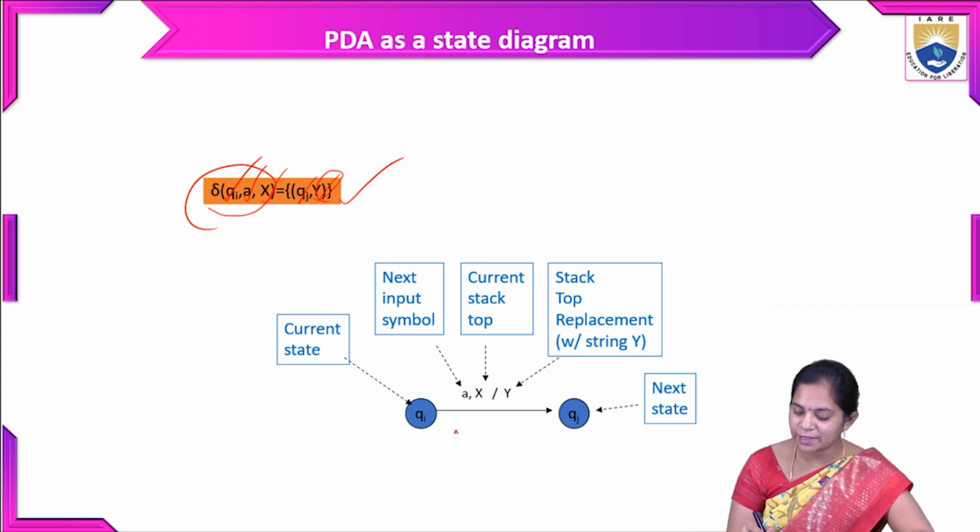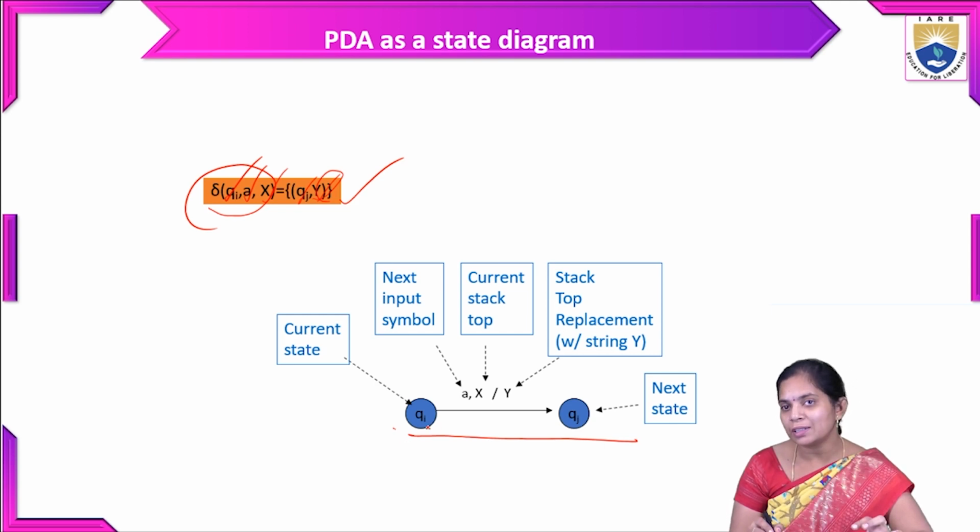And here we will discuss the graphical representation. We are taking two states, QI and QZ. We give A as the input symbol, and on top of the stack symbol is X. Y is the stack content after the operation performed, like push or pop.